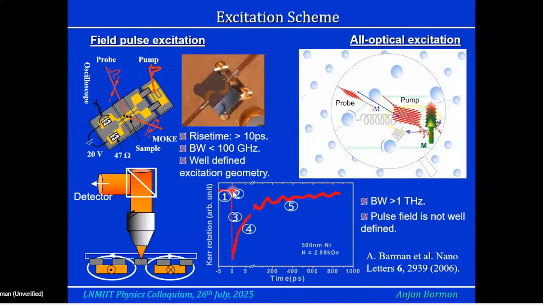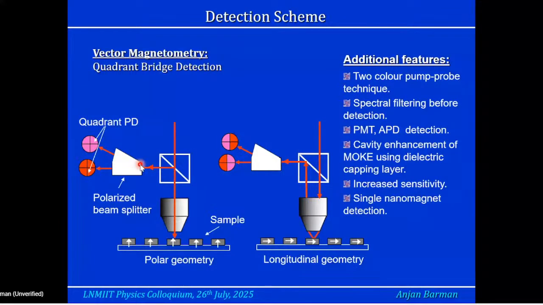And then there is a positive delay, where the probe measures the excited state of the sample, or the excited magnetization state. So you see a demagnetization, a relaxation, and then precession. This is real data, with a very high bandwidth. And the detector, like I said, is a polarized beam splitter and two photodiodes. I'm not going into the detail of that again.